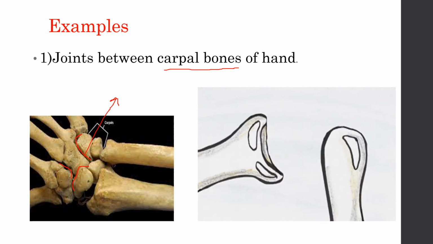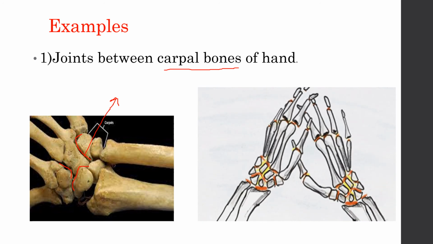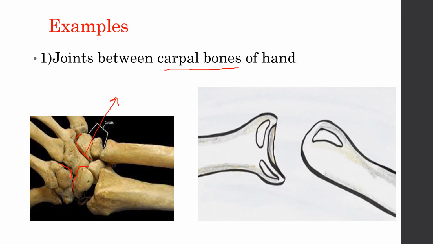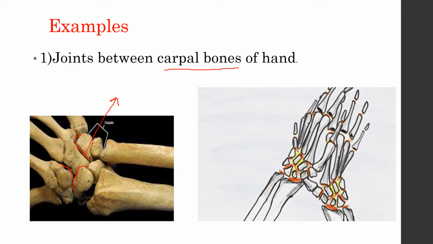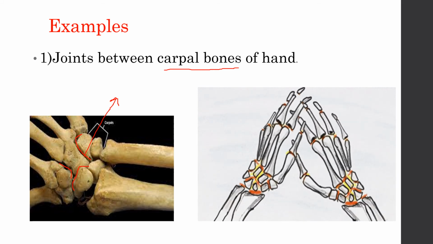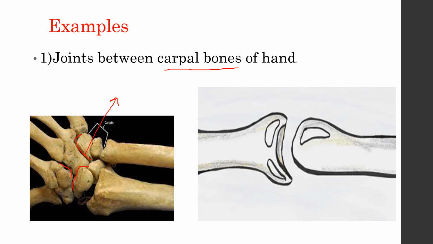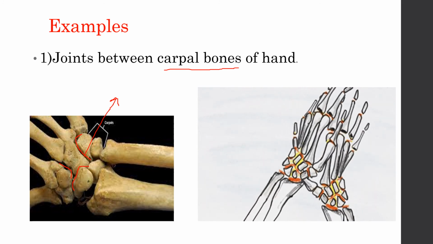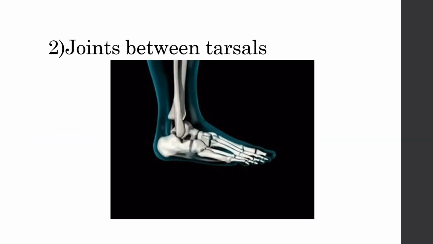The movement that planar or gliding joints provide is only such that you can move your hand in a downward direction or in the backward direction. No other movements are given by the carpal bones through the planar joints.